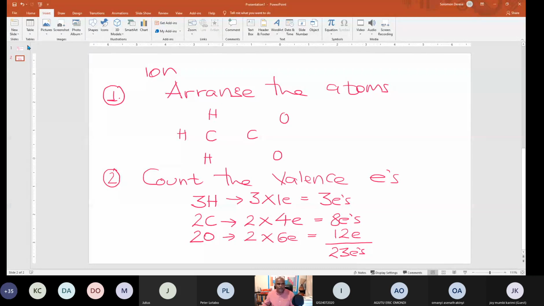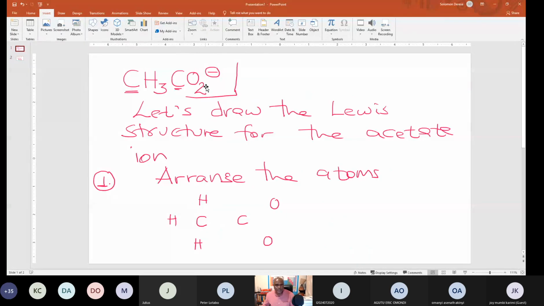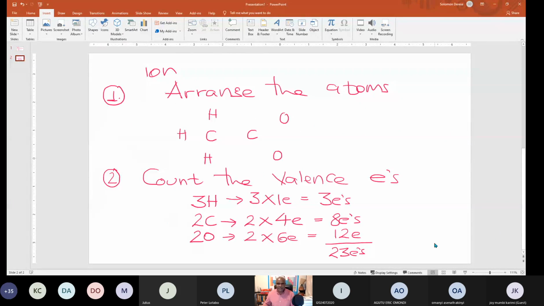But we are drawing the Lewis structure for CH3CO2 minus. It has a -1 charge. Since it is -1, it has gained 1 electron. So the total number of electrons will be this one plus 1 electron. So the total number of valence electrons of CH3CO2 minus is 24 electrons.